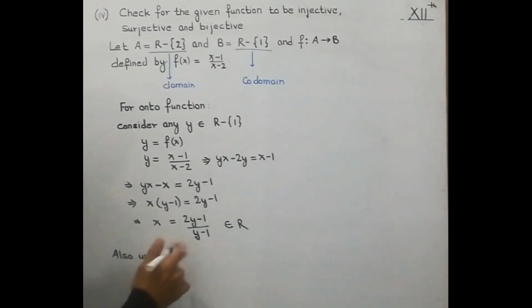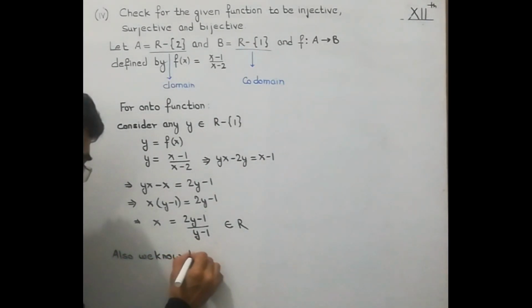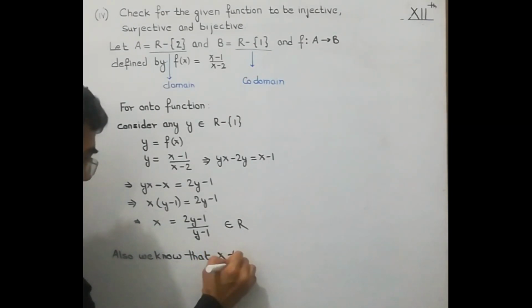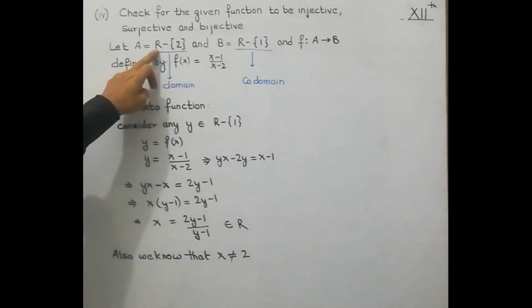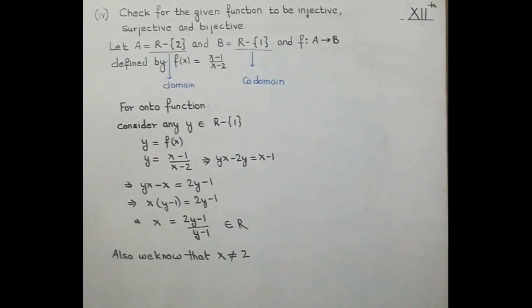So let's check it out. We know that x is not equal to 2. See here, x comes out from A, and A is the set of real numbers except 2. So here we know that x is not equal to 2. And how will you confirm it? Now let's see how we will confirm it.